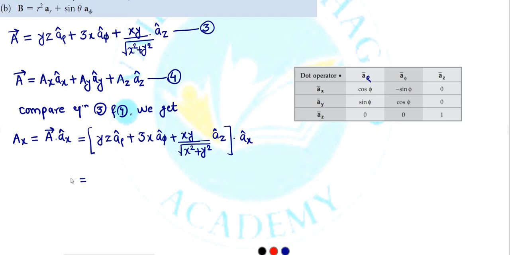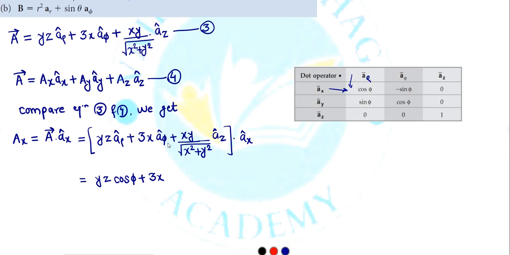So this yz will be as it is for now. The dot product between a rho and ax: what is the dot product between a rho and ax? Cos phi. Then plus 3x will be as it is.